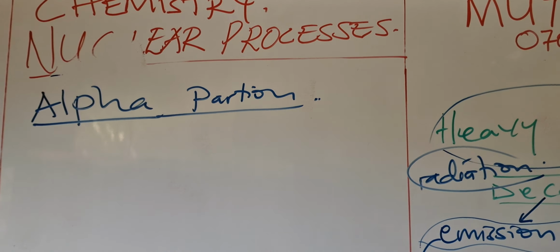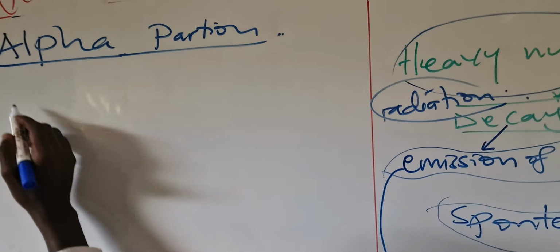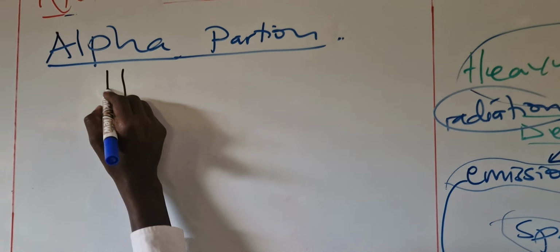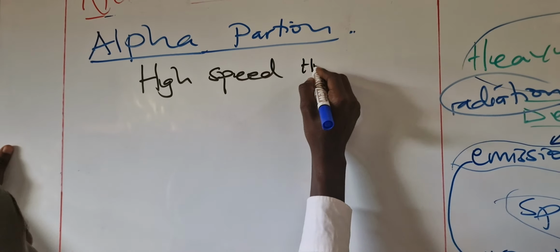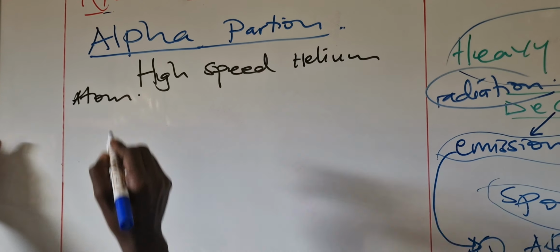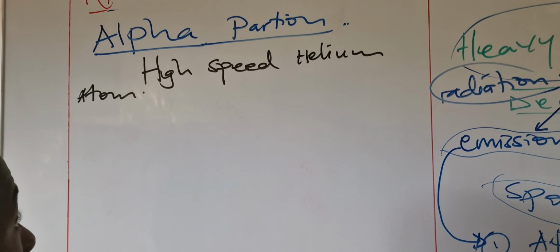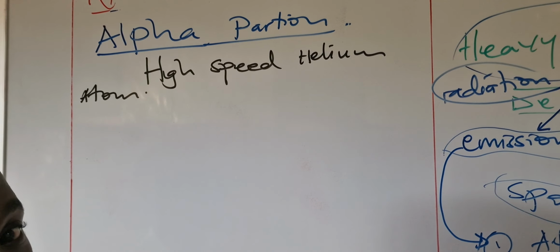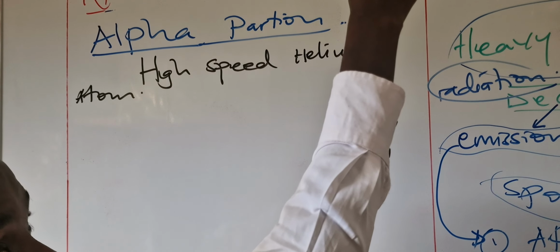And I've said that the alpha particles are simply high-speed helium atoms. And if you know very well, helium is a group 8 element on the periodic table.